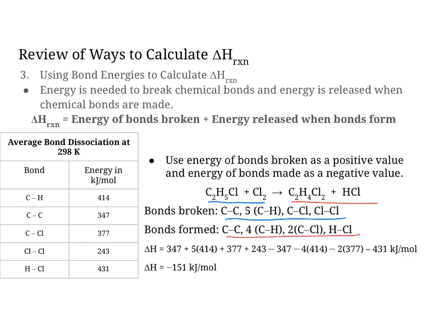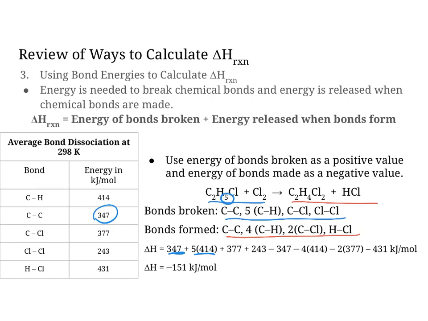So then when I go through and start adding things together, remember it's going to be bonds broken plus bonds formed. So I'm going to take the bonds broken. 347 for the carbon-carbon, the 414 for the carbon-hydrogen, and because there happen to be 5 of them, I would multiply that together.